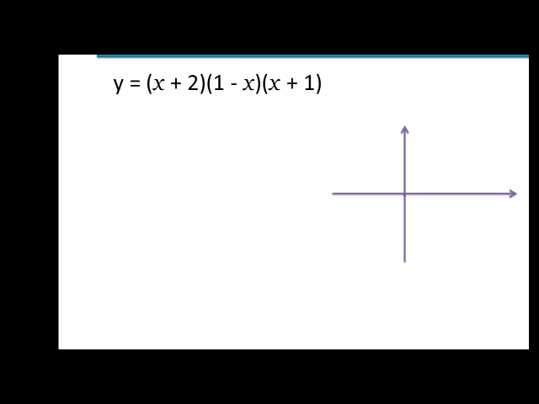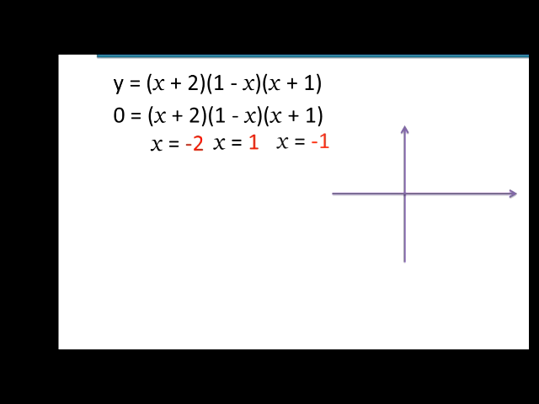And last one, this one's the trickiest of them all. So let's put it equal to 0, and we can find the root values. But I want to draw your attention to this middle bracket, because 0 equals 1 minus x. My advice is to move the minus x to the other side. So that's how we get the 1.